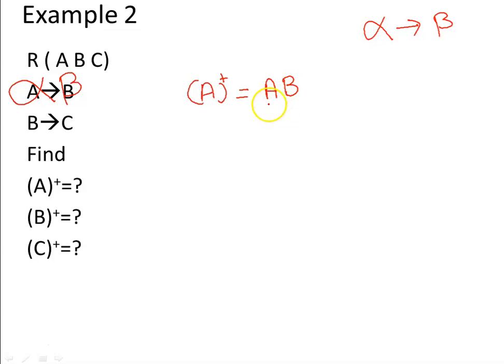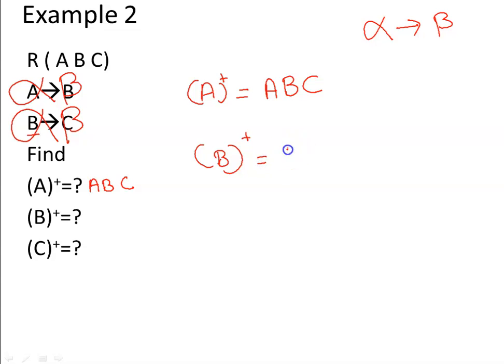Now you check from this set of attributes if any attribute or combination of attributes occurs on the left hand side of the FDs. We have B appearing over here. If I consider this as alpha and this as beta, if I have B, I have C. So now the closure on A is ABC. What is the closure on B?